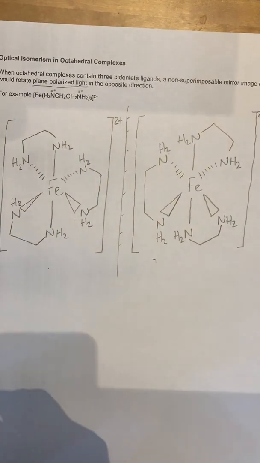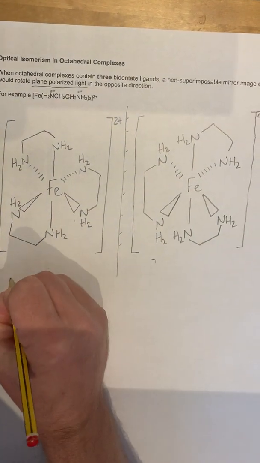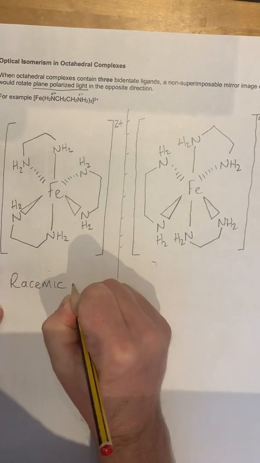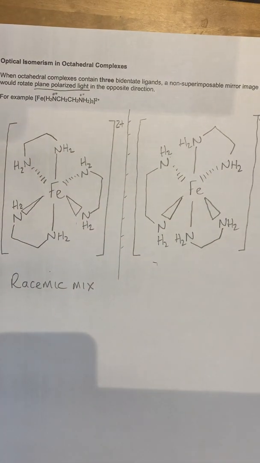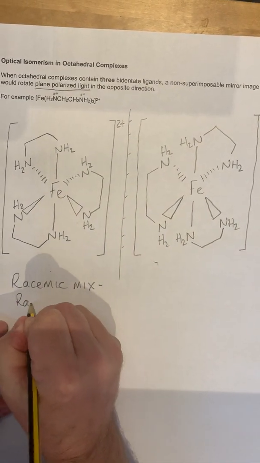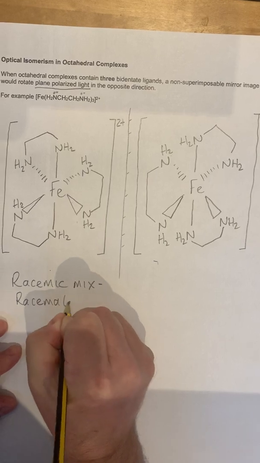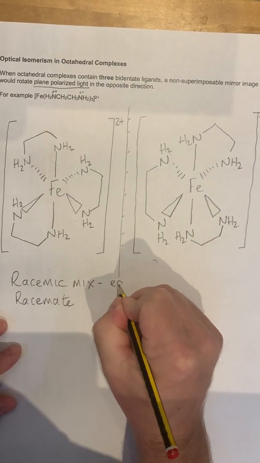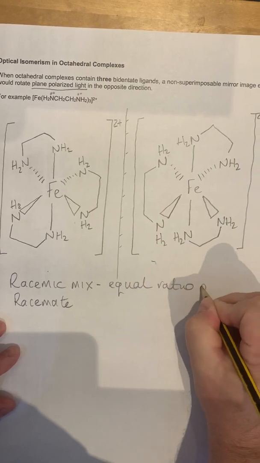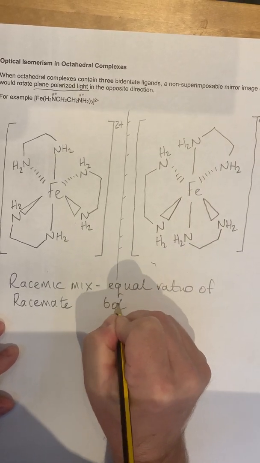Now, another term that you may well come across is something called a racemic mix. Now, a racemic mix, or it can be called a racemate, is when we've got an equal ratio of both isomers.